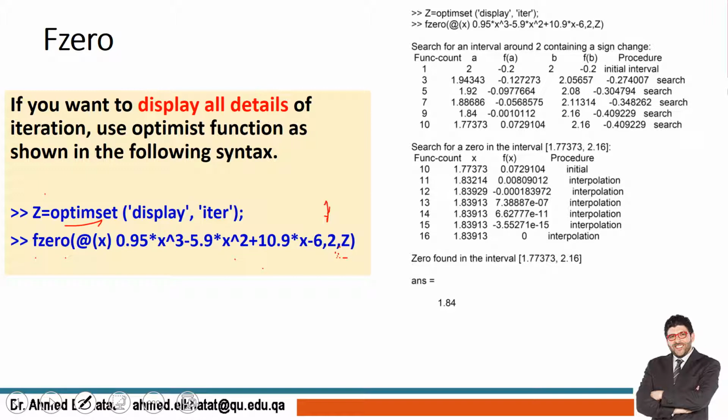That means fzero will show all iterations, a and b, and function of a and function of b, and also tell you the type of procedure, such as search and interpolation. And the final solution will be 1.9484. Try it yourself, you'll find it very interesting.